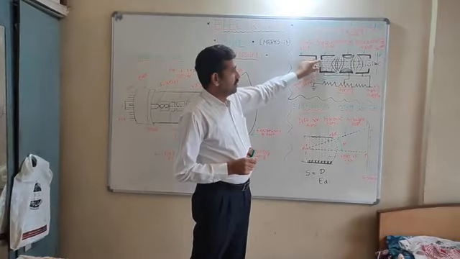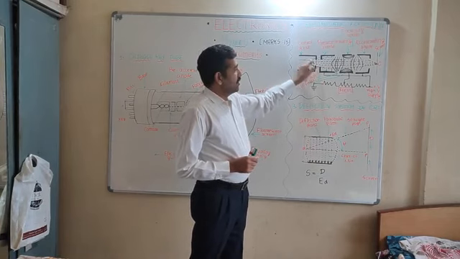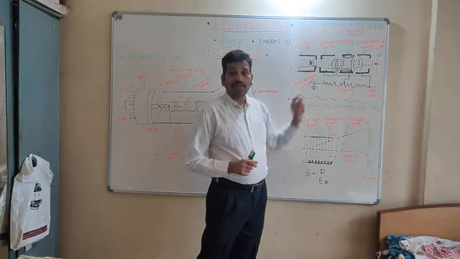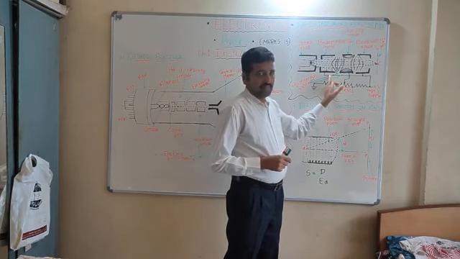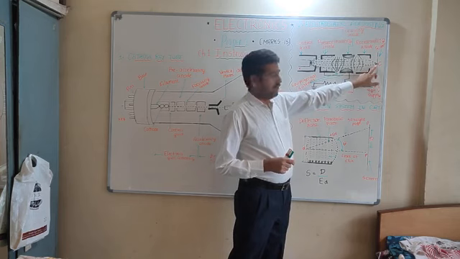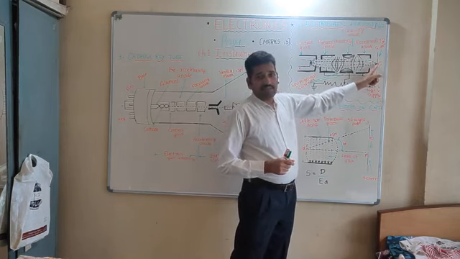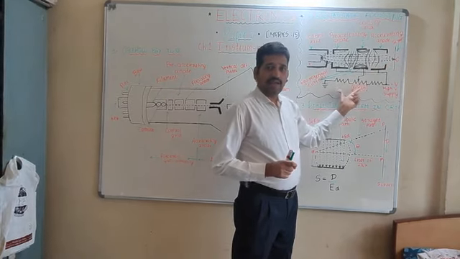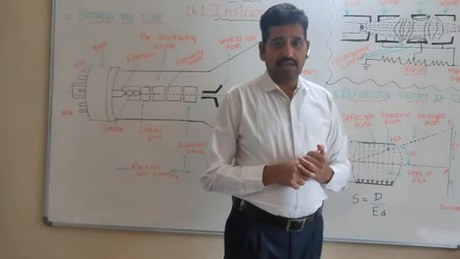Because of that, when these electrons spread within this cavity, they converge and make a narrow and sharp beam which bombards onto the screen. On the screen, a spotlight is formed and that may be diverted using the deflection plate assembly. In this way, electrostatic focusing is used in CRO.